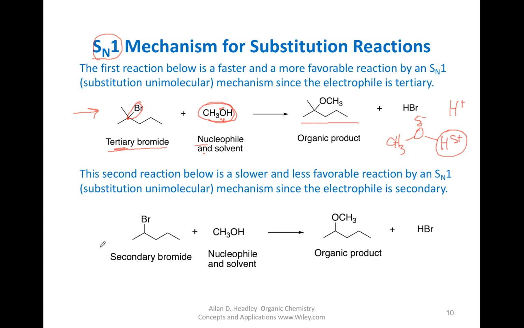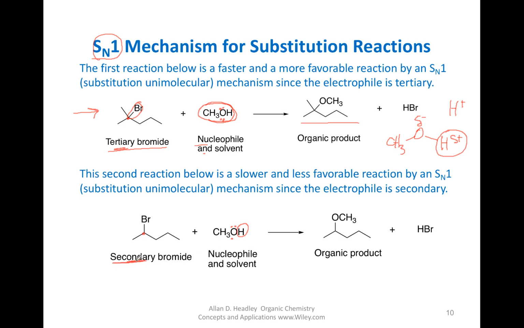Here's another reaction. This one, it's a secondary bromide. Here's a solvent. Again, the same solvent, which is a protic solvent. A protic ionizing solvent, so we would expect SN1.